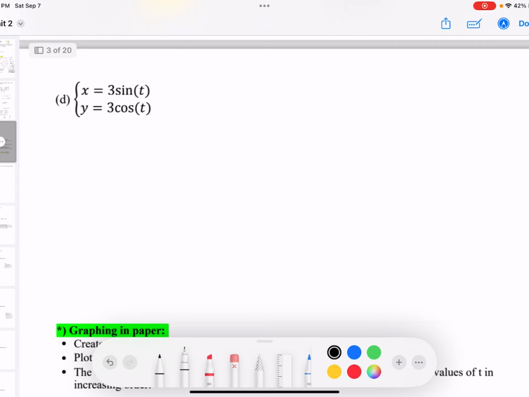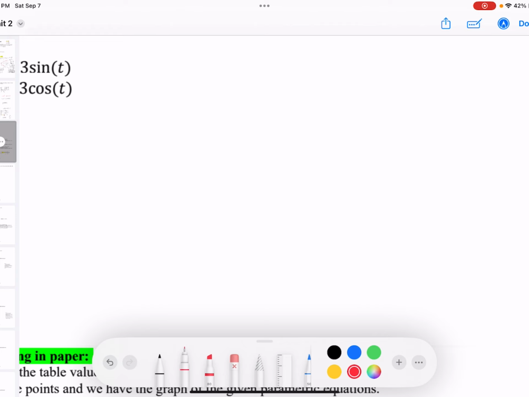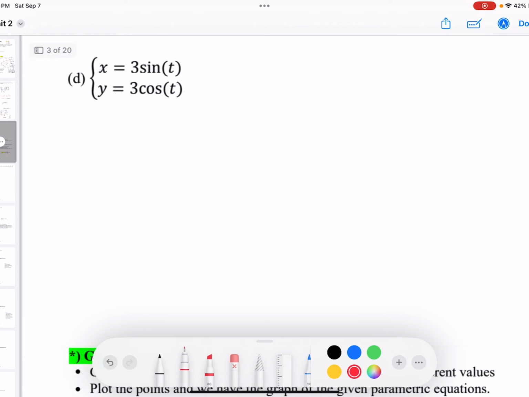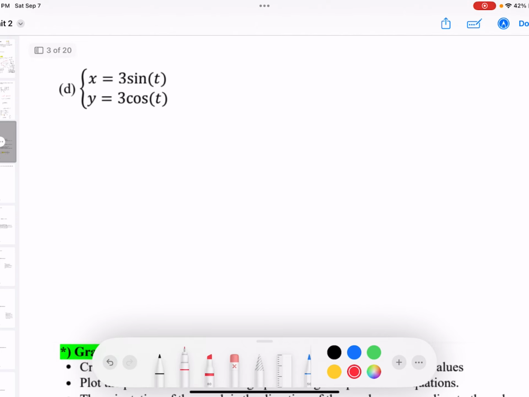All right, let's move on to number D. The same thing: the relationship between the sine and cosine. The Pythagorean theorem is sine t squared plus cosine t squared is equal to 1. Let's isolate the sine and cosine from the two equations.